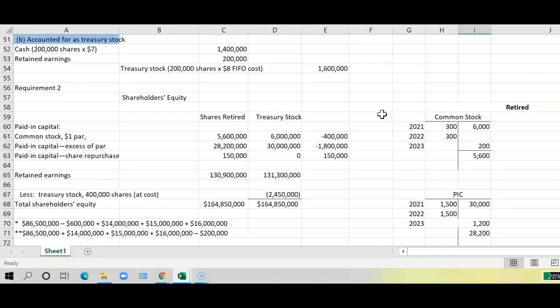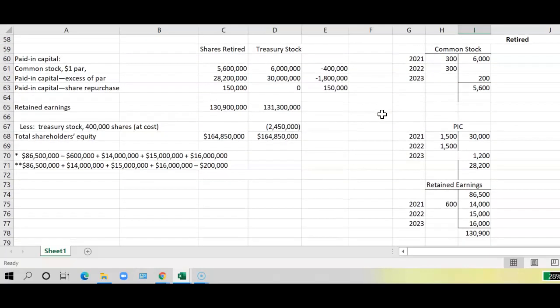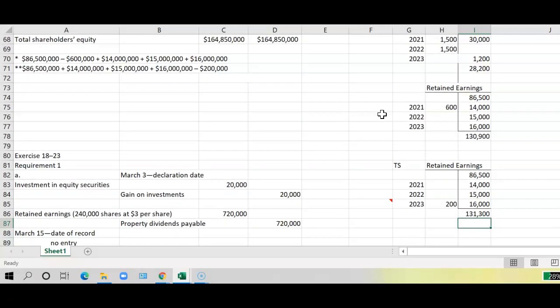The paid-in capital and common stock remain the same because when you go through the journal entries, we never reduced the common stock or the paid-in capital in excess of par, and we never recognized the paid-in capital for shares repurchased. Now, the retained earnings will be different in that the credits would be the same, the beginning balance and the actual net income for 2021, 2022, and 2023.